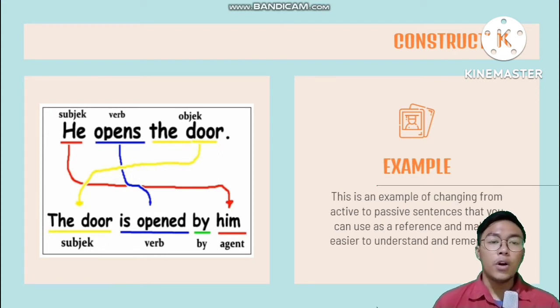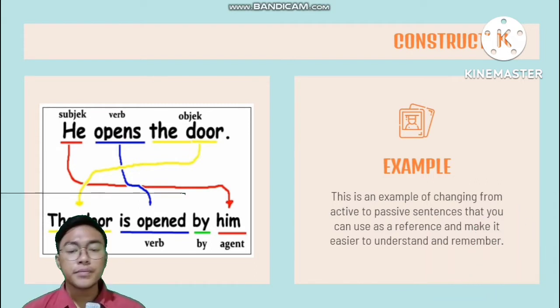The door, the subject in the first sentence, is opened, a verb, and we just put by after the verb, and him is the agent. This is an example of changing from active to passive sentences that you can use as a reference and make it easier to understand and remember.